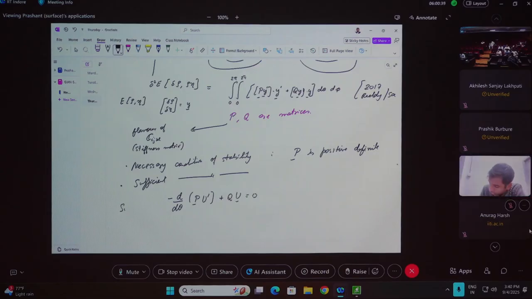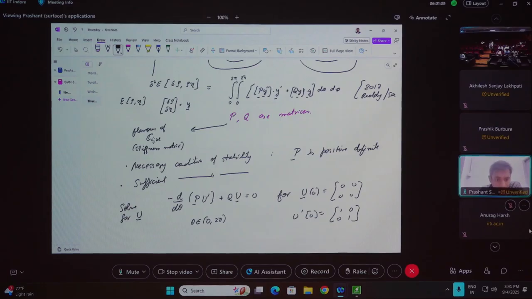So you solve for U this differential equation with theta between 0 and 2 pi. The initial condition is that U starts as a 0 matrix, but the derivative of U is the identity matrix.